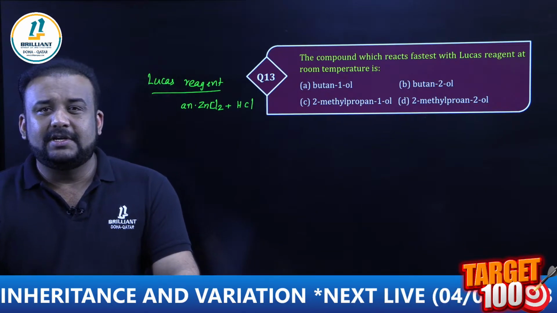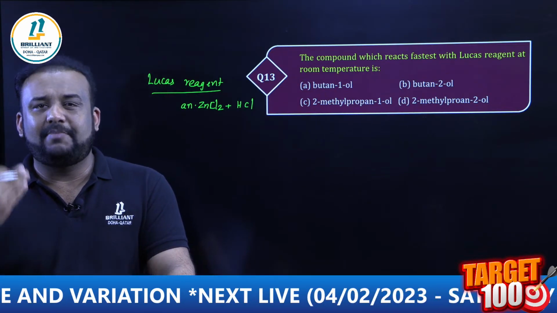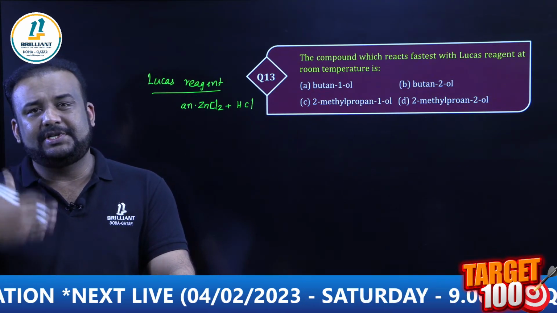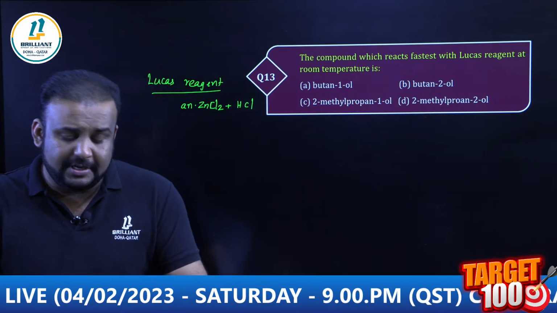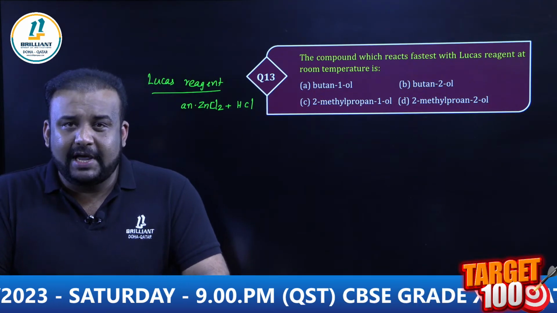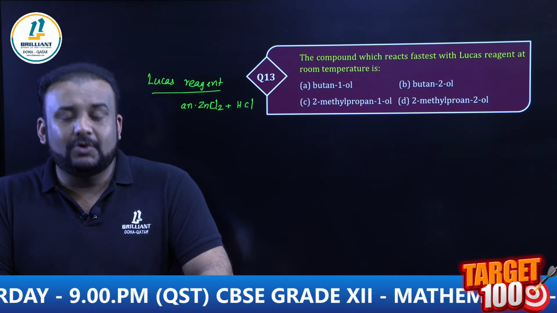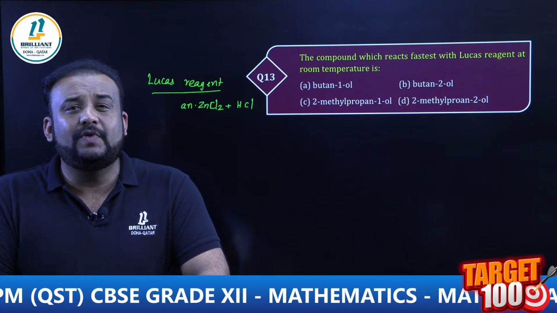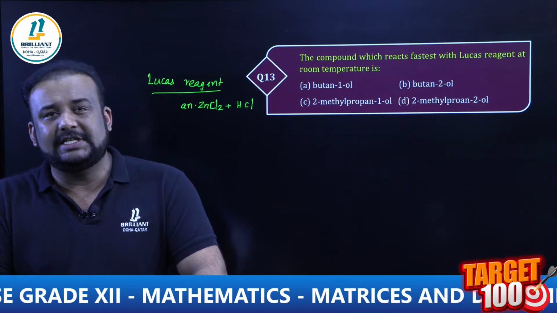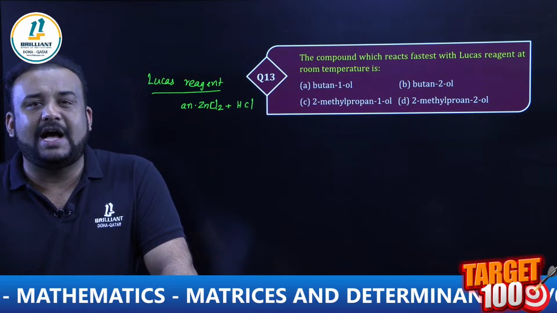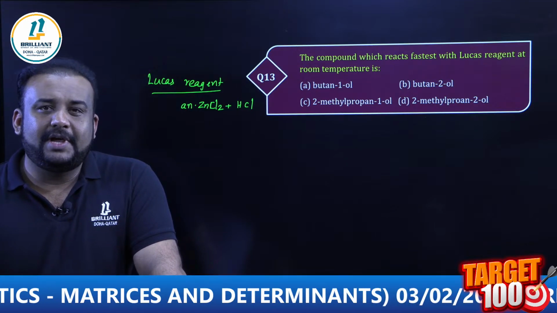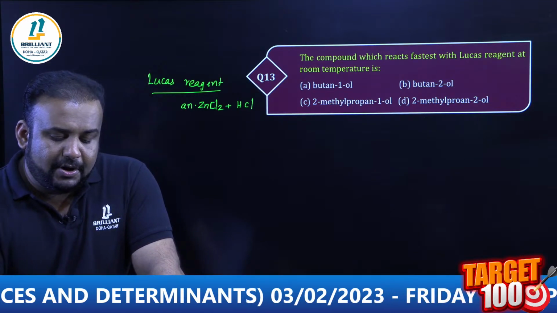Now, you know the reaction what is happening here. In this case, it is proceeding through a carbocation formation. So, you should look at whose carbocation is most stable. That will be the one which will react quickly with Lucas reagent and form the corresponding chloroalkane. And you are going to get the turbidity depending on the reactivity.